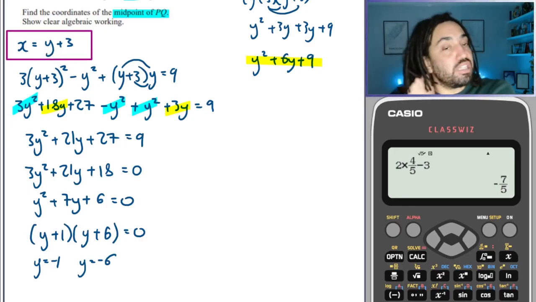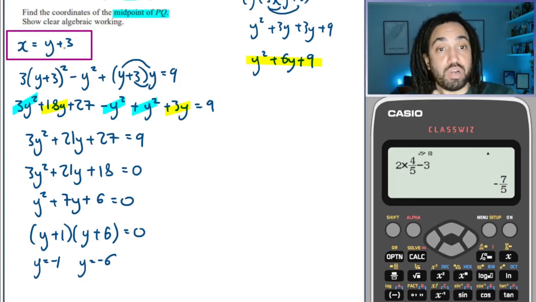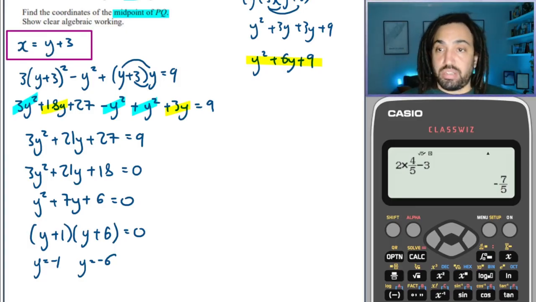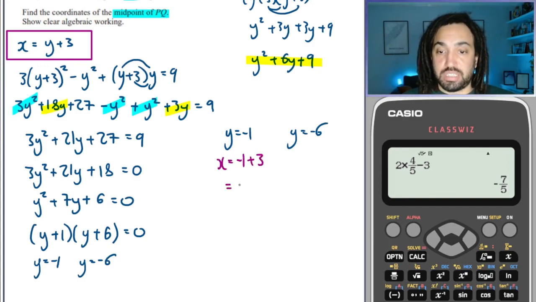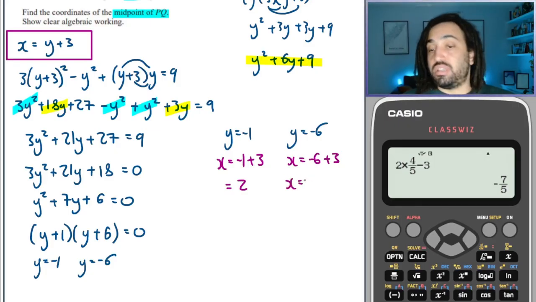Now we go back to the start to find our simplified linear equation, where one of them was the subject. And this tells me that x is equal to y plus 3. So let me just write them up here. x is equal to y plus 3, so that's 2. And x is equal to y plus 3, so that is, what's that?